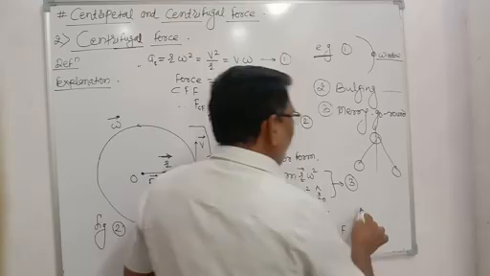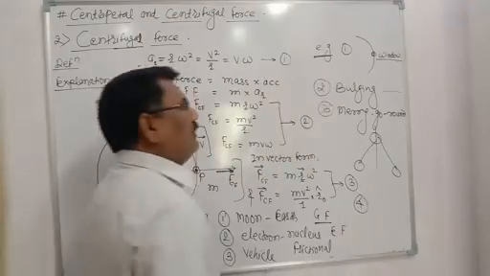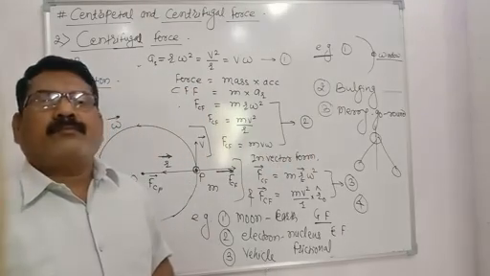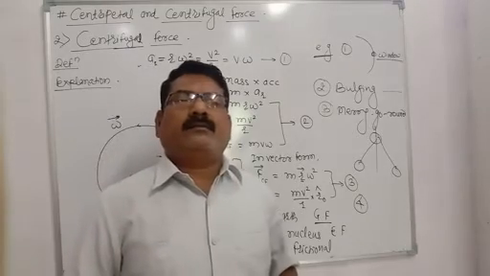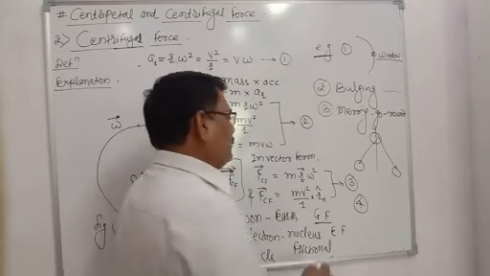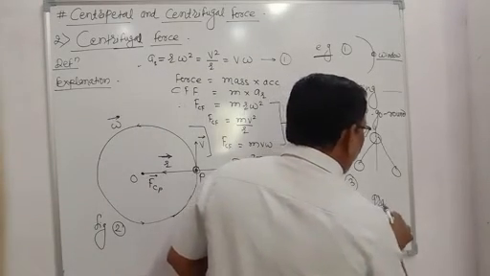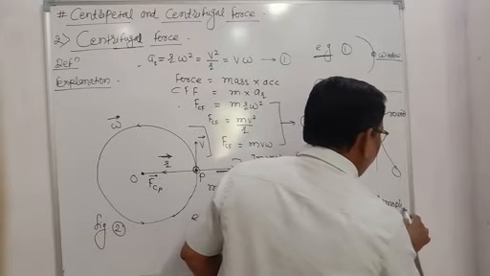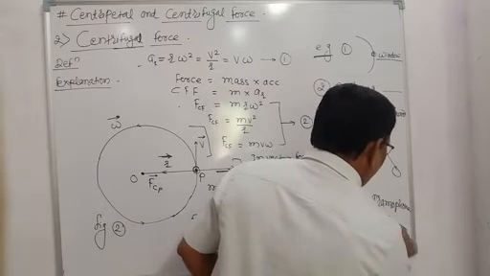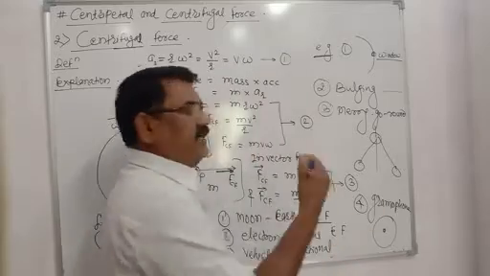Then the next example we can give is the gramophone disc. See here, it is a rotating disc.